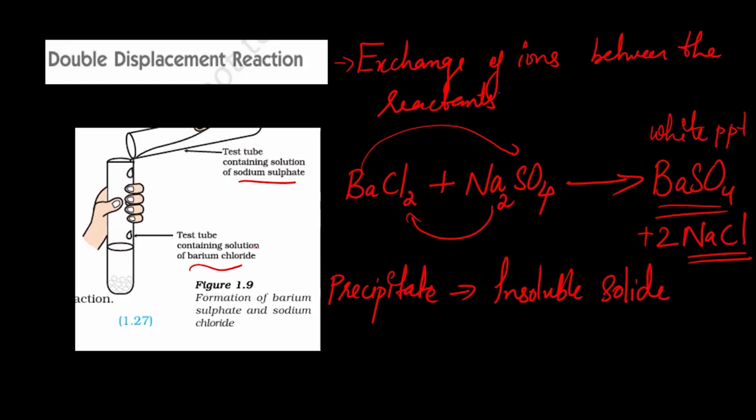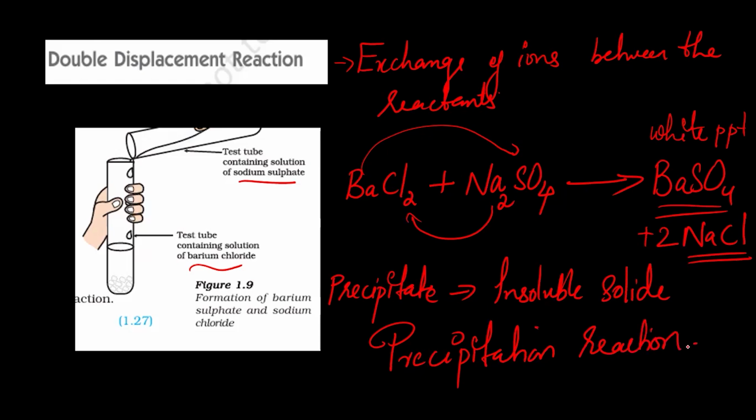During a double displacement reaction, a white precipitate is usually formed. So we call this reaction by another name, that is precipitation reaction. Understood? So this is the double displacement reaction, a very important reaction.